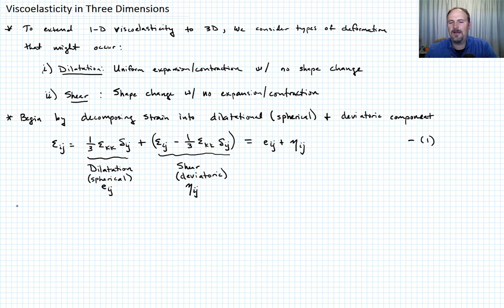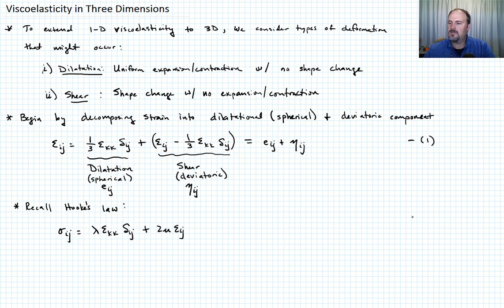Now let's go ahead and think about Hooke's law. Recall Hooke's law. This is for a 3D material, so not something quite as simple as sigma equals E epsilon, but in tensor form, Hooke's law looks like sigma ij is equal to lambda epsilon kk times delta ij plus 2 mu epsilon ij.